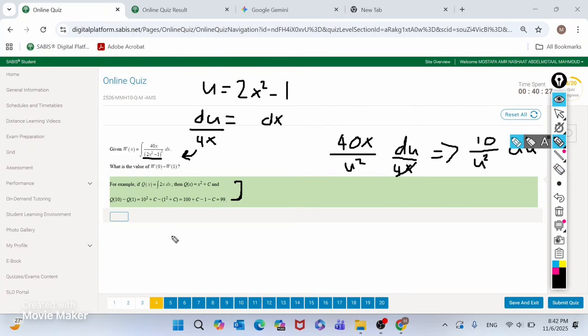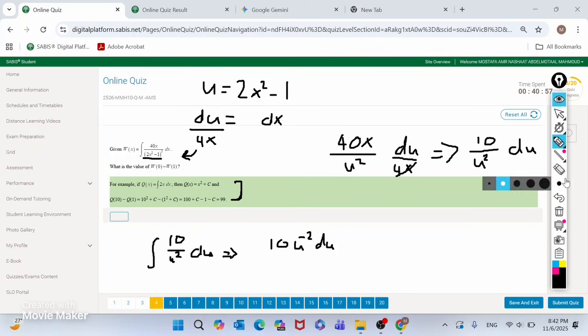So now you integrate this 10 over u squared du. So you take u up. Now you're gonna have 10 u to the power of negative 2, because you guys know when you take a term up, its power is negative. So how do we integrate? We add 1 to the power and then we divide by the new power.